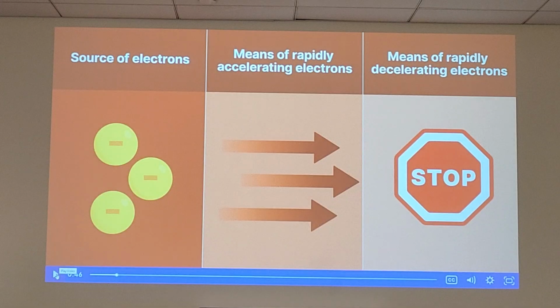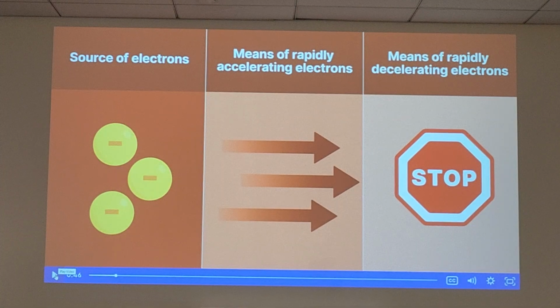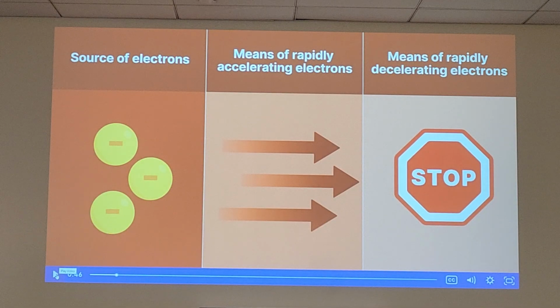We need to speed those babies up, and then we need to stop them abruptly. 1, 2, 3. All of this happens inside of the tube.